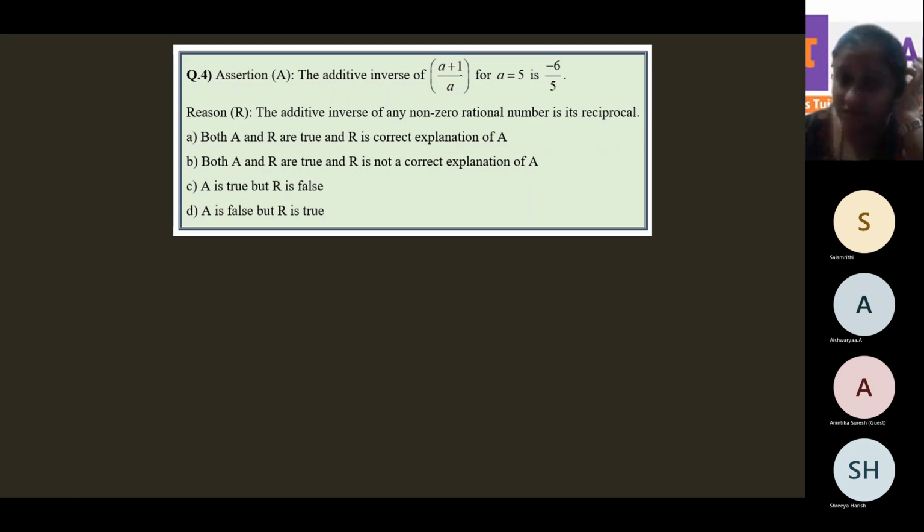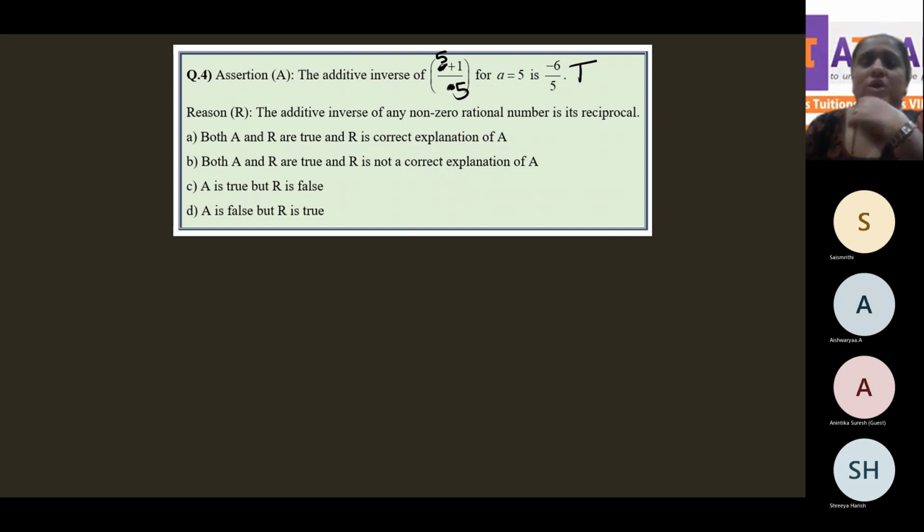Why, children? Oh, ma'am, I thought it was the multiplicative inverse. The additive inverse of a plus 1 by a, use 5 here. So what's the number? 6 by 5 is the number, and its additive inverse is minus 6 by 5. This is true.